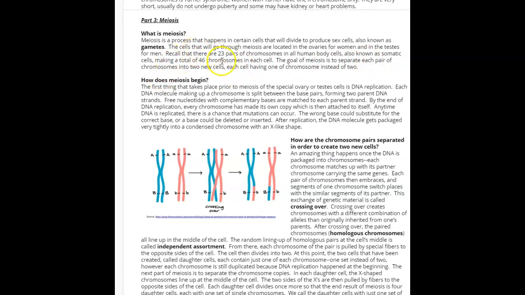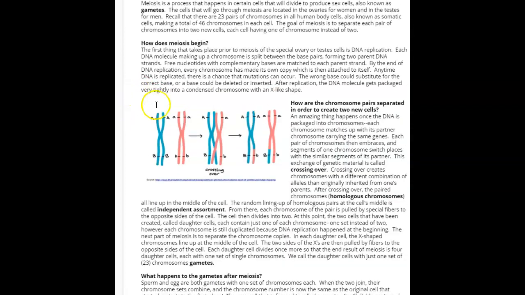Recall that there are 23 pairs of chromosomes in all human body cells, also known as somatic cells, making a total of 46 chromosomes in each cell. The goal of meiosis is to separate each pair of chromosomes into 2 new cells, each cell having 1 chromosome instead of 2. How does meiosis begin?